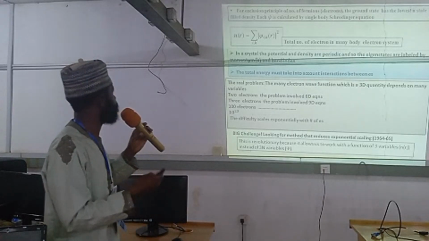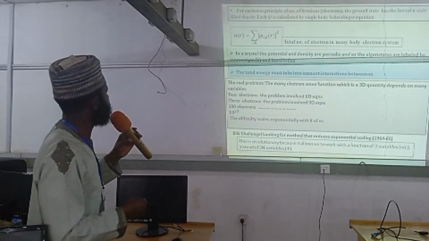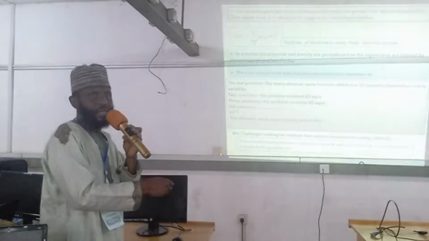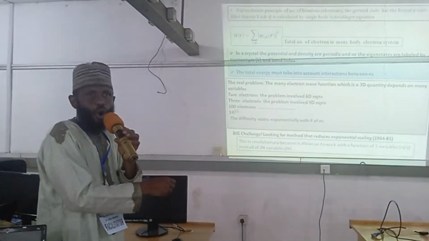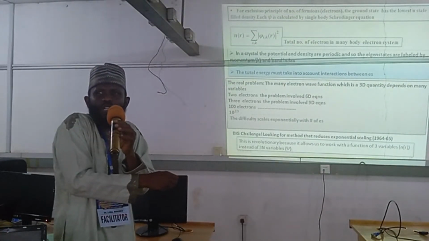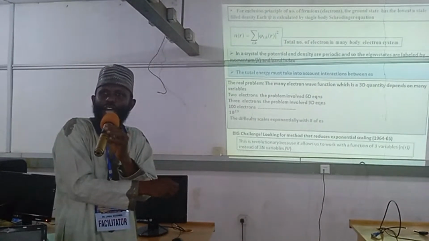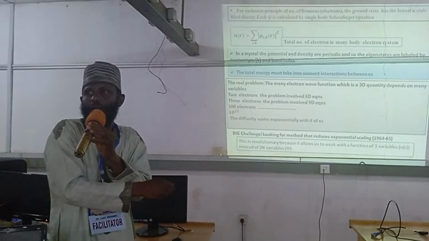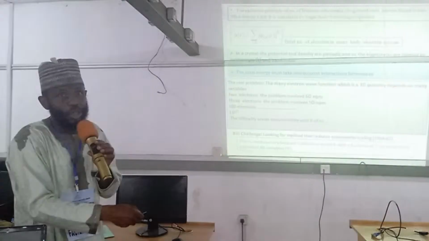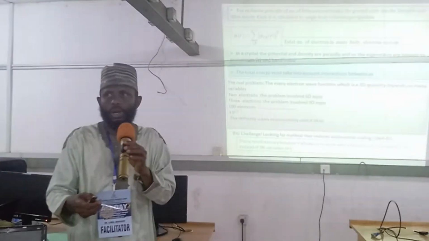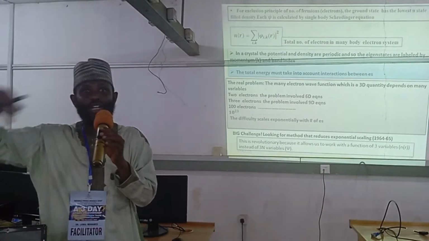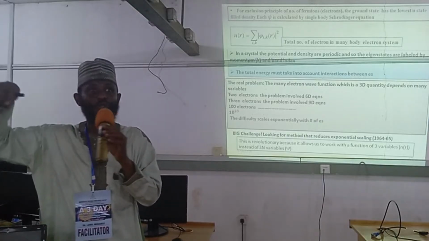I talked about this before when I mentioned that this relation reduces the task of finding the ground state electron density in a three-dimensional wave function. When you have one electron, you have a three-dimensional function, right? If you have two, you have six, because each one has three coordinates in space.